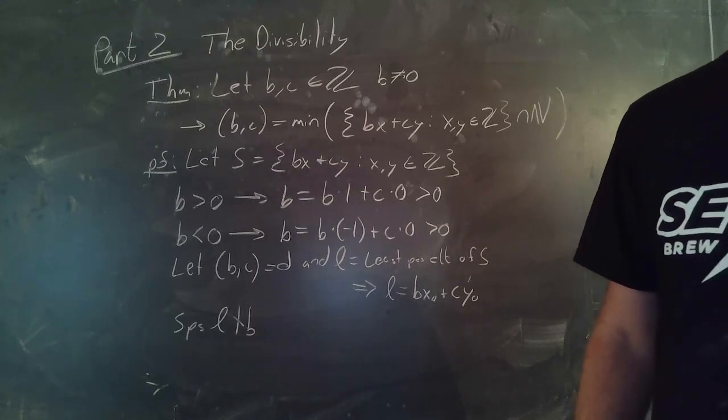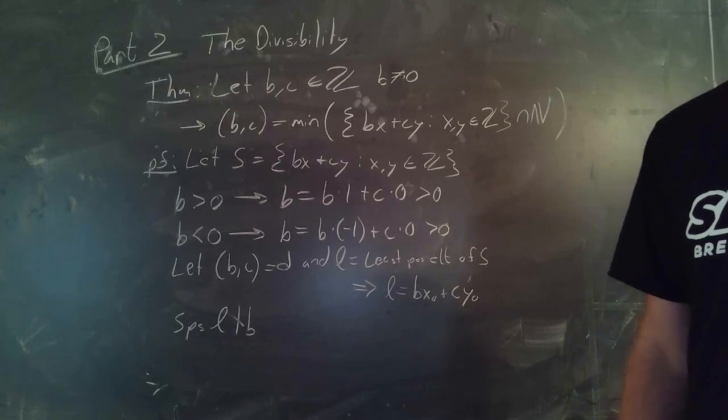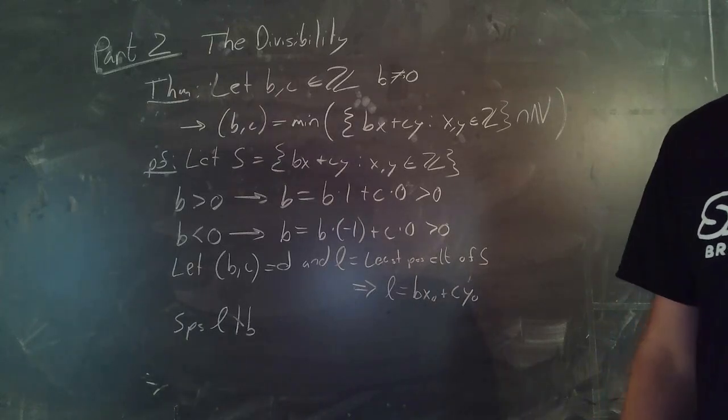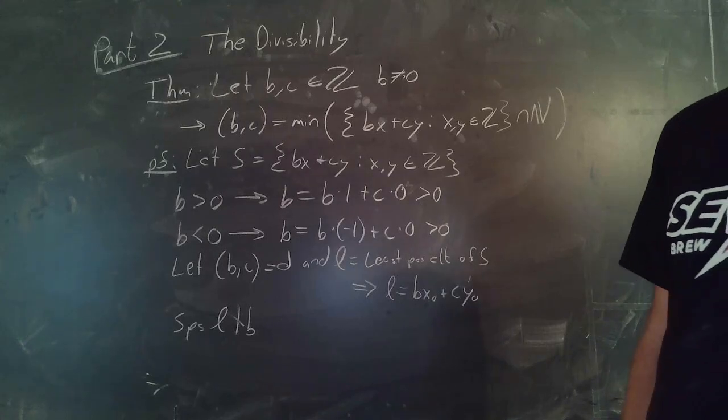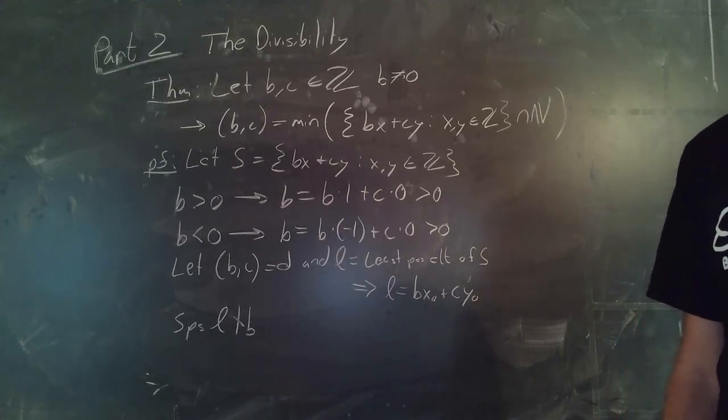So we're going to do this by way of contradiction. Suppose that L does not divide b. So by the division algorithm, we know that there's going to be some quotient and some remainder, because had it divided b, then the remainder would be 0.